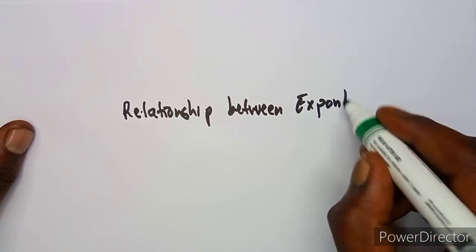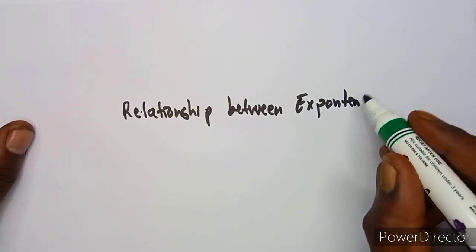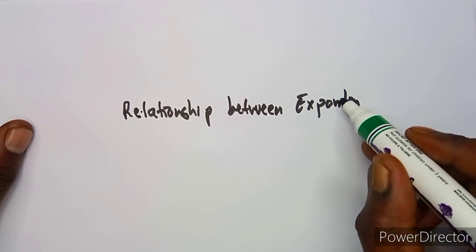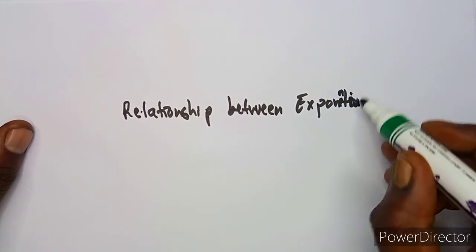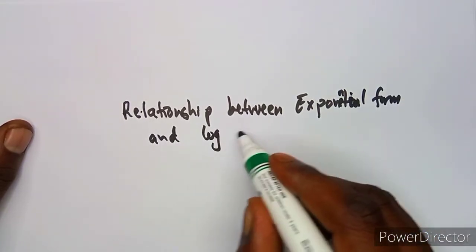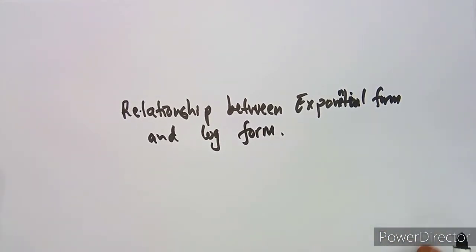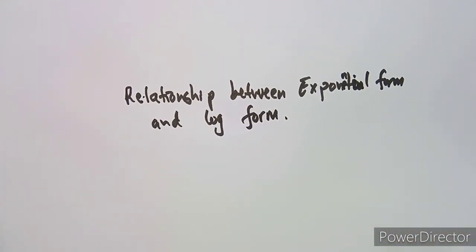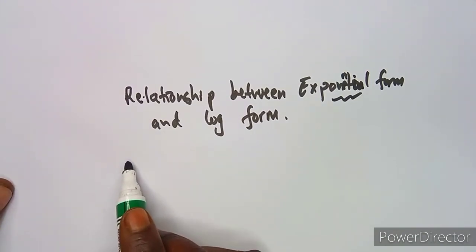All right, what's the relationship, guys? Take note, just write it properly there. We need to know how these two are related. We talked about exponents in our previous class. Now we are talking about logarithms. How are these related? This is the relationship that you're supposed to know.